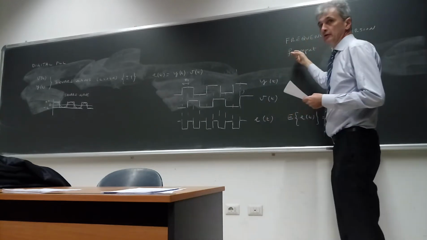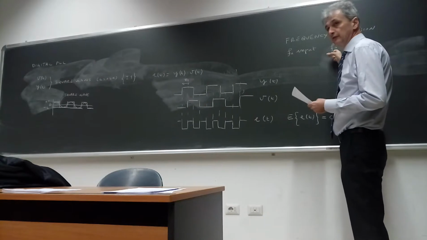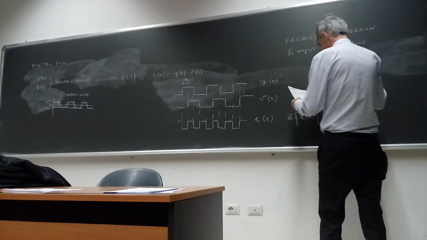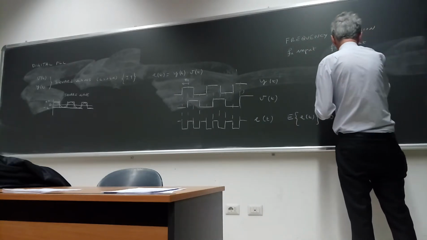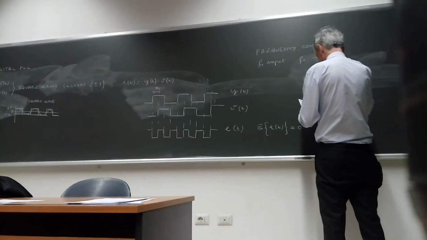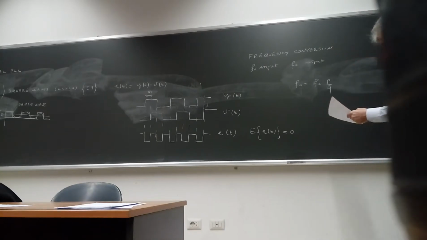Let Fi be the frequency of the input clock and Fo be the frequency of the output clock. We can convert the frequency Fi by P over Q, getting Fo.